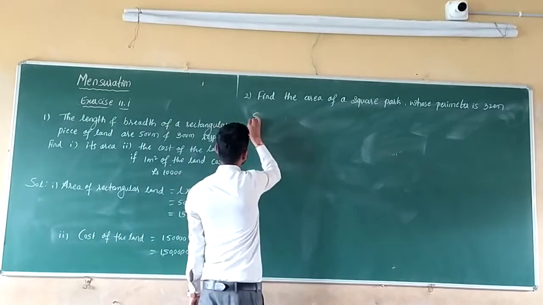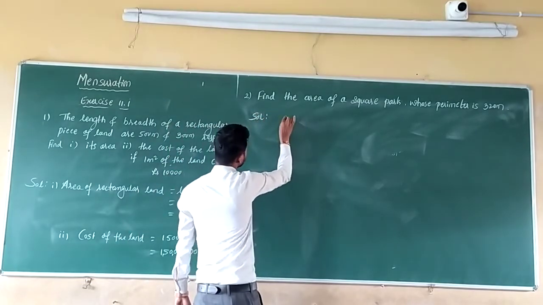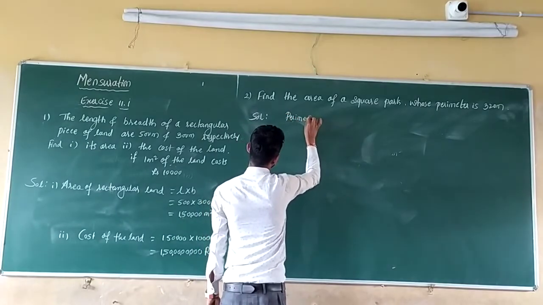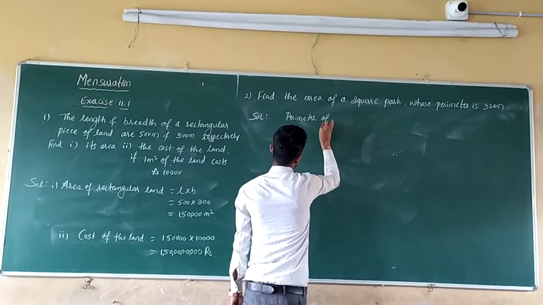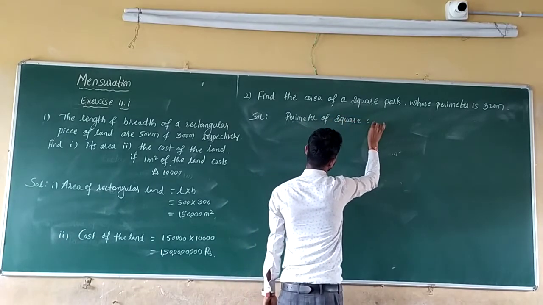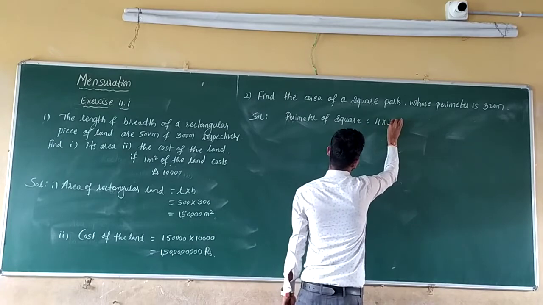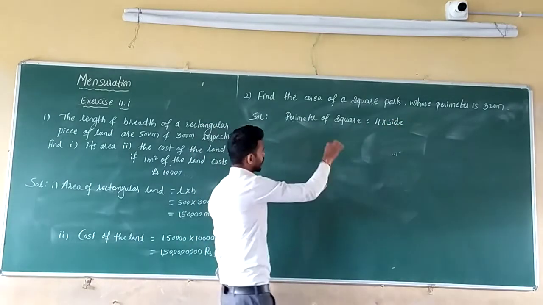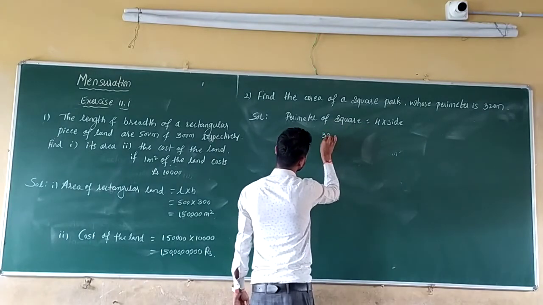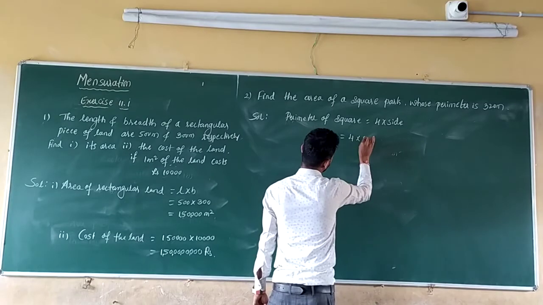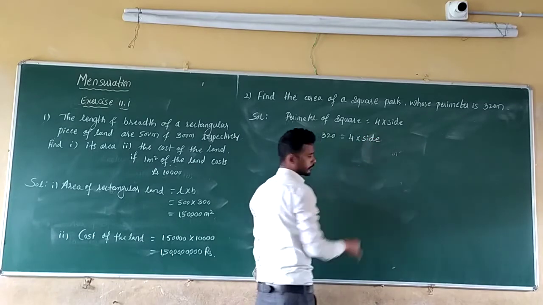Let us say perimeter of a square, which is equal to, the formula is 4 into side. So the perimeter they have given is how much? 320, which is equal to 4 into side.